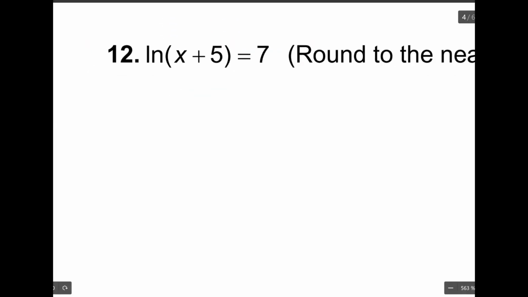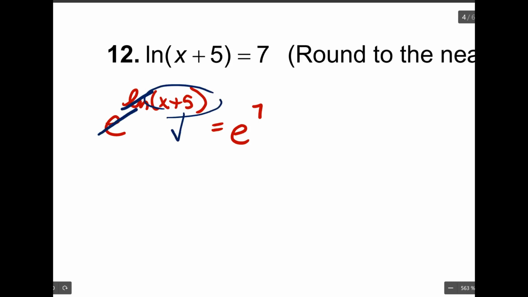So what I can do is have each side be my exponent. So it's not like raise to each side to e, but literally put e to the power of each side. So I have e to the ln of x plus 5 is going to equal e to the 7. Guess what happens to this ln and e on the left side? They eliminate, so I have x plus 5 is equal to e to the 7th.